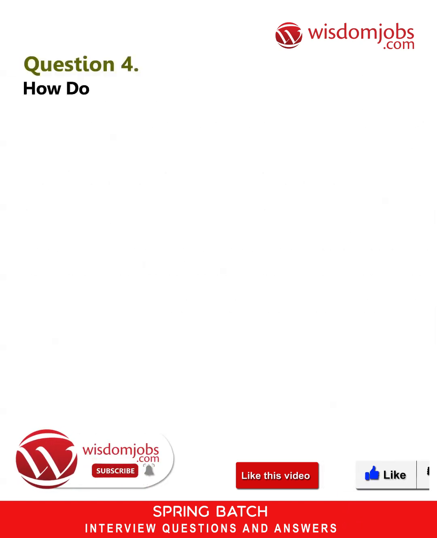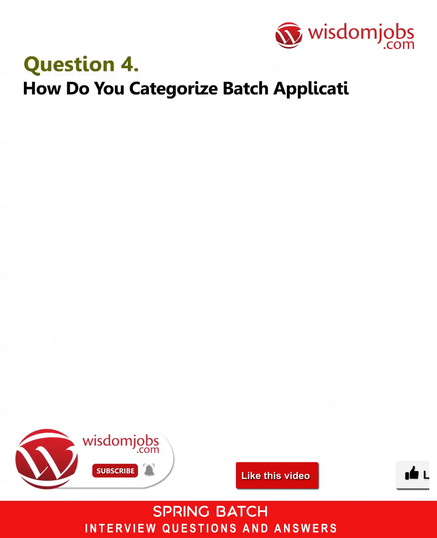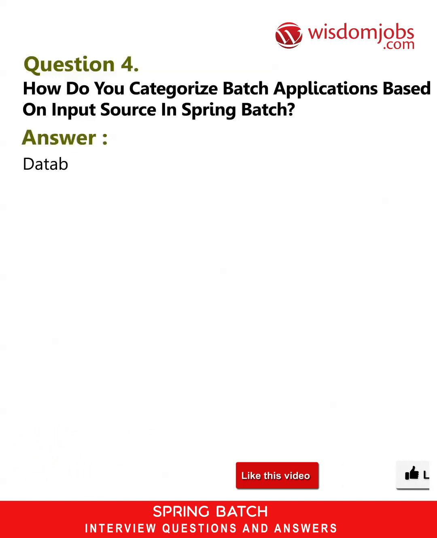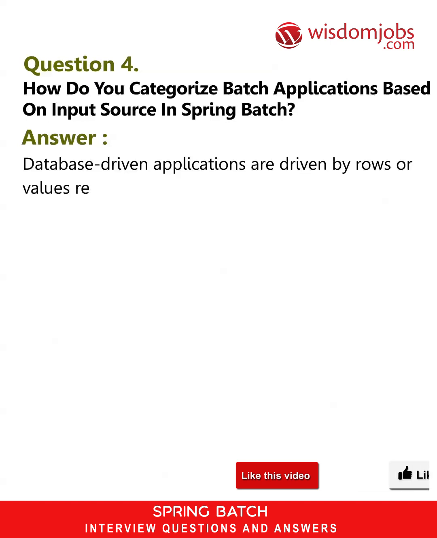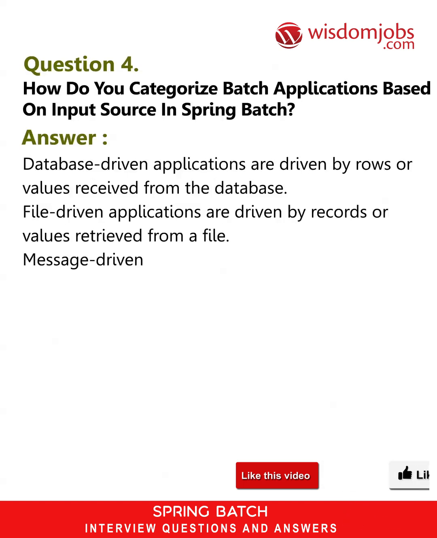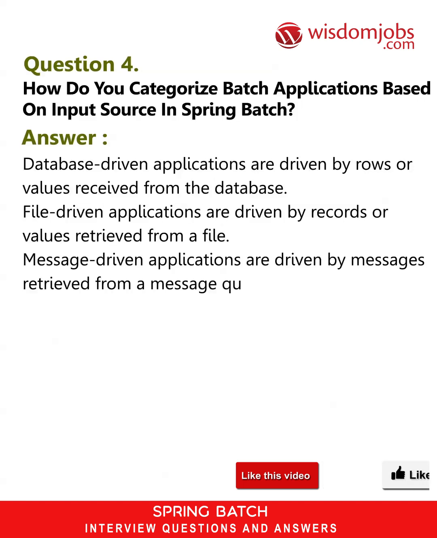Question 4. How do you categorize batch applications based on input source in Spring Batch? Answer. Database-driven applications are driven by rows or values received from the database. File-driven applications are driven by records or values retrieved from a file. Message-driven applications are driven by messages retrieved from a message queue.